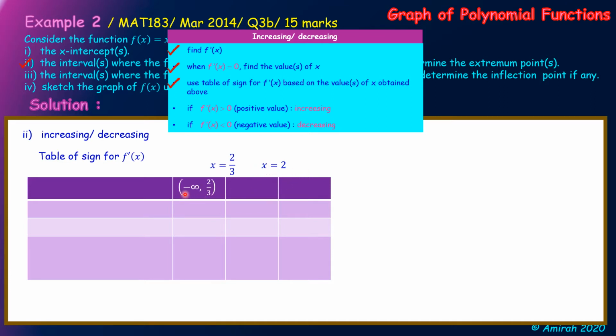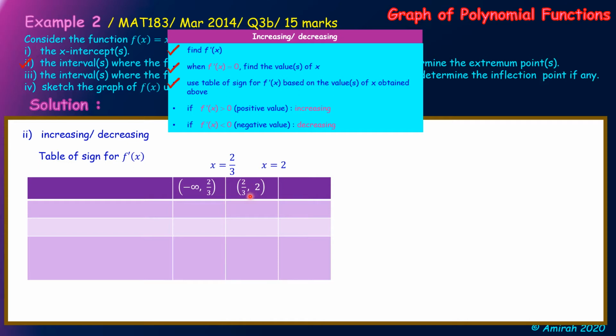Then we can write the interval for the left side of x equals 2 over 3, which is negative infinity to 2 over 3. Between 2 over 3 and 2, we write the open interval 2 over 3, comma 2.